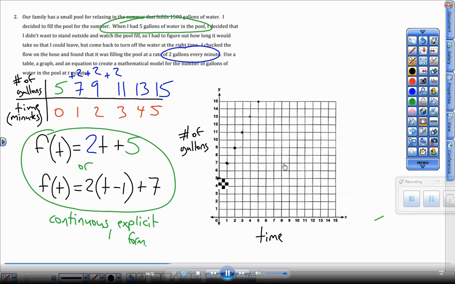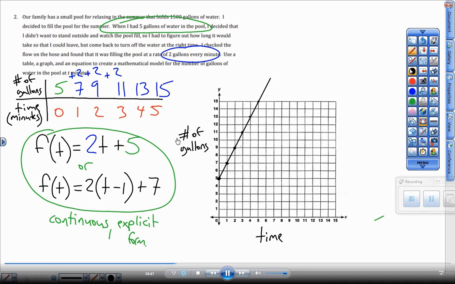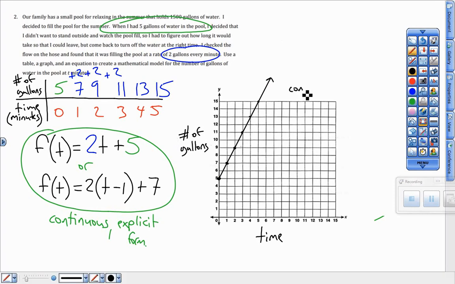I'm going to draw a line straight through those because this is continuous, explicit. All right, there we go. The second word is recursive. Recursive is the second word.